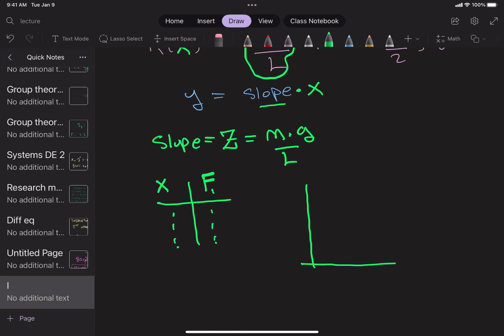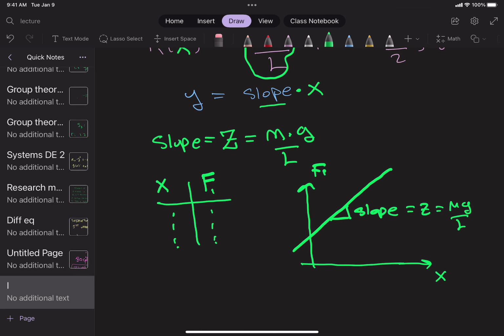You're going to plot F1 on the vertical axis and the distance of that hanging mass along the horizontal axis. And when you do, the slope that you get is going to correspond to this value here, z or mg over L.